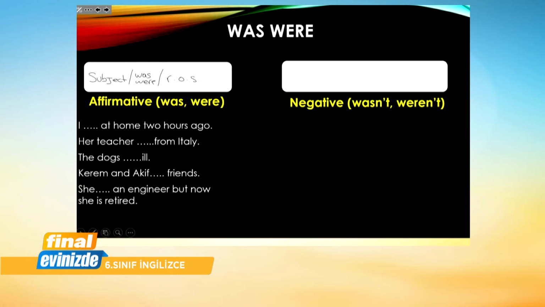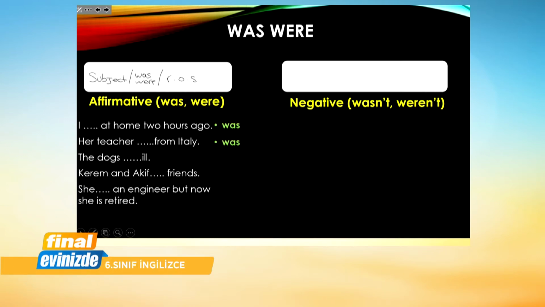Now, remember our rule, okay, if the subject or object is singular, we use was for the past form of to be. All right, now I is singular as you see. We are going to use I was at home 2 hours ago. All right. Her teacher is one, it's singular. We are going to say was from Italy.